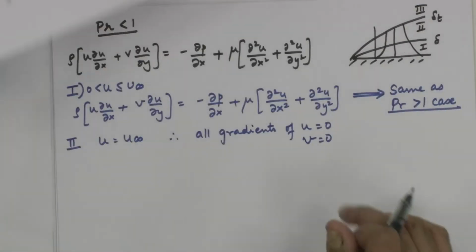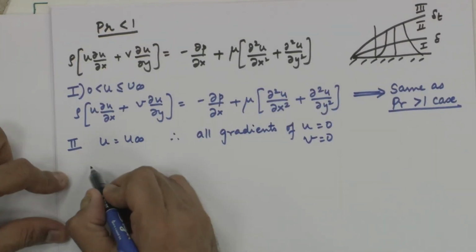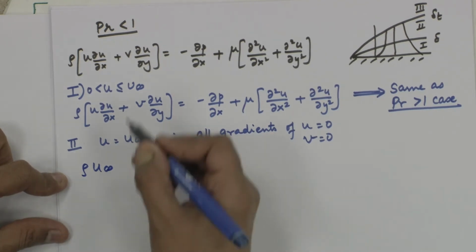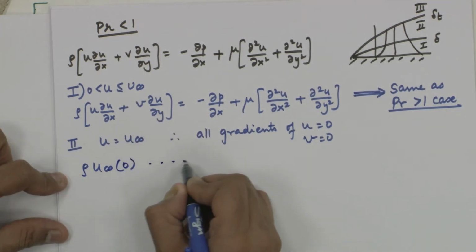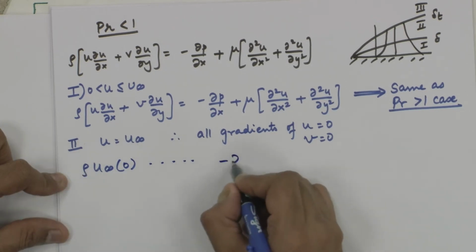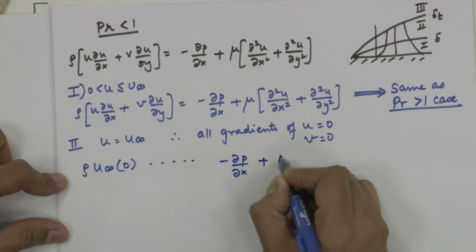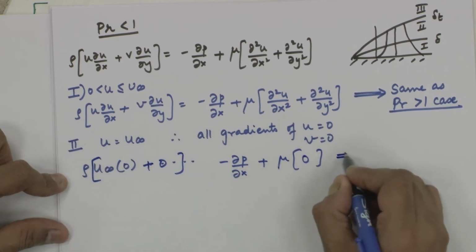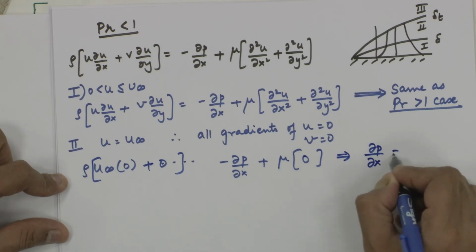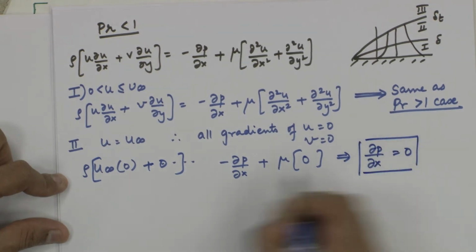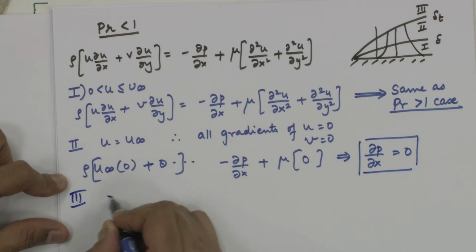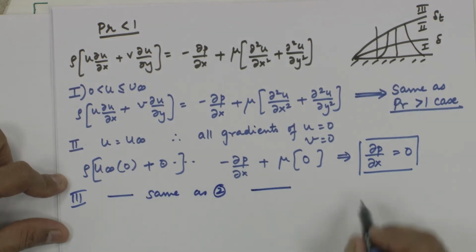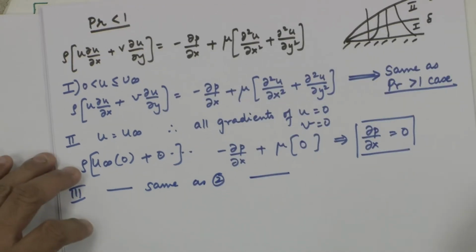So, my governing equation would be rho u infinity times 0, and so on, you will get exactly minus dp by dx plus mu into 0. So, what do I get? dp by dx equal to 0. And obviously, region 3 is also the same as 2. Where does this lead me to?